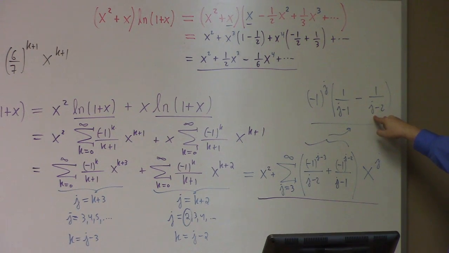When you plug in j equals 4, this is a half and this is a third. I get a third minus a half, which is minus a sixth. So as you can see, they should match, right? I mean, of course.